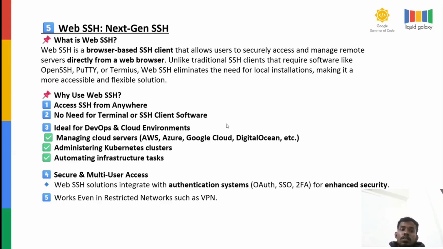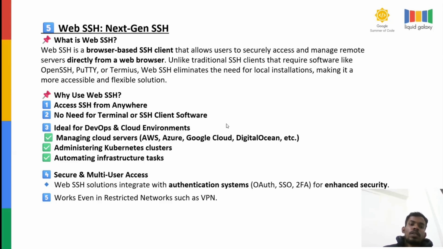The third reason is it is ideal for DevOps and cloud environments. It manages cloud servers like AWS, Google Cloud, etc. more easily than the normal SSH version. It is also used to automate infrastructure tasks, which is not possible in the normal SSH versions.